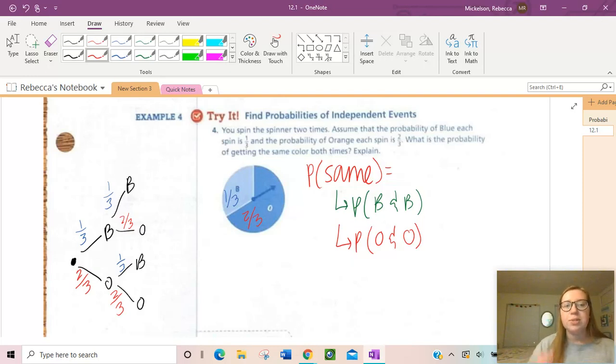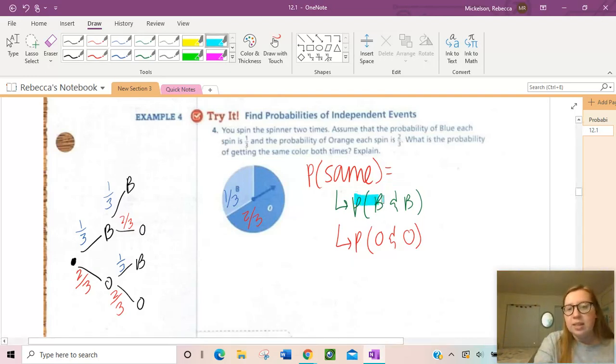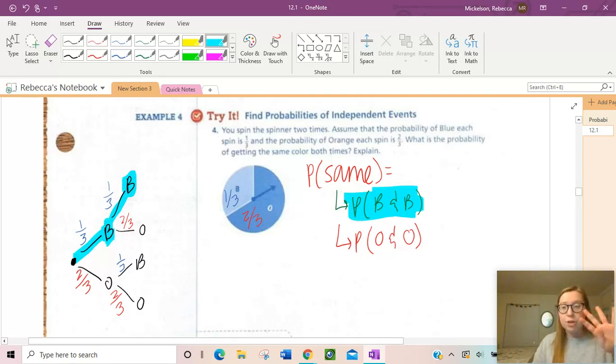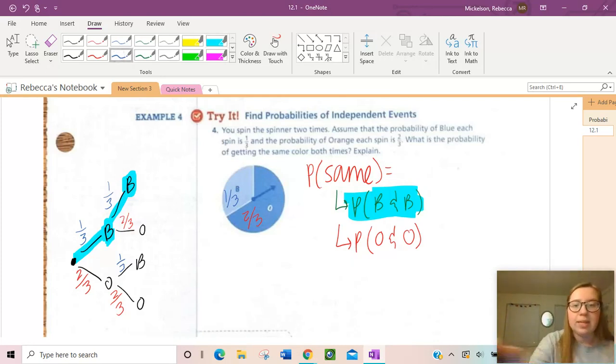And what this is going to do is help us calculate this probability right here. What's the probability of spinning 2 blues? Well, let's highlight that pathway. So here is our first blue spin, and here is our second blue spin. So out of our 4 total pathways, only one of them has us getting blue twice. How can we calculate those probabilities?